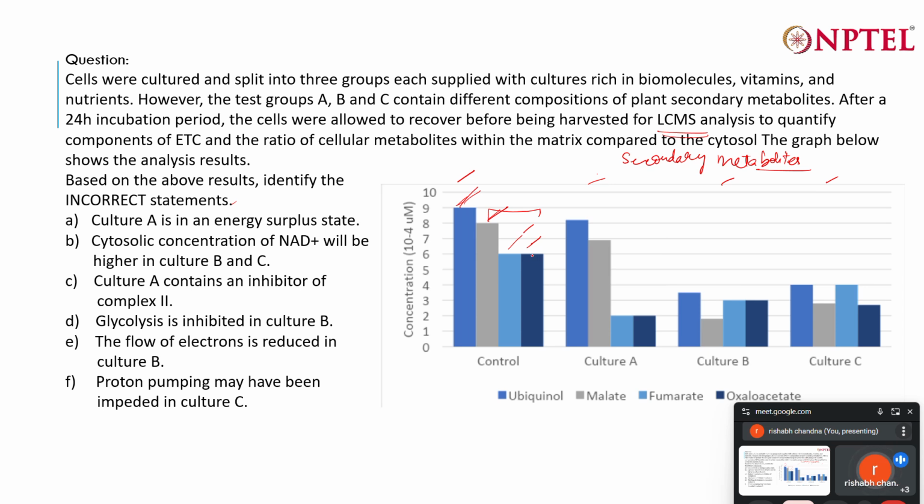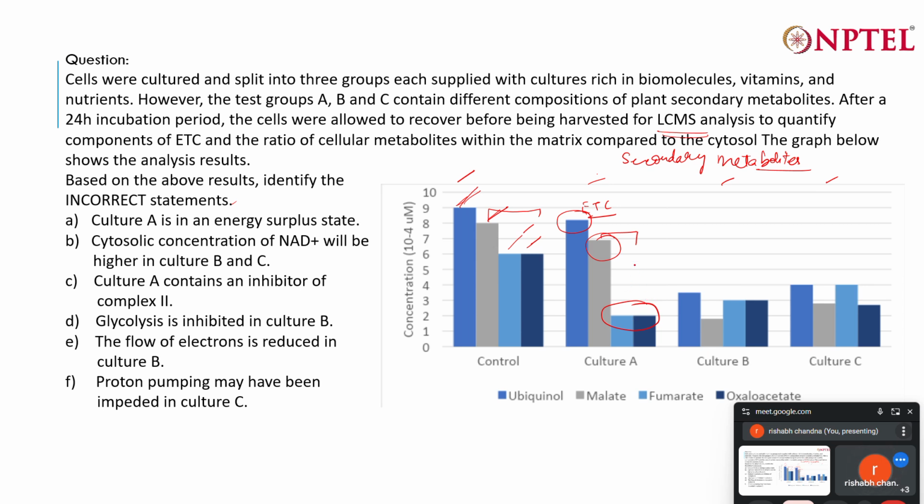So in culture A, ubiquinol is somewhat decreased, but it is actually high. That means ETC is functioning fine in culture A. But the Krebs cycle and glycolysis might have an effect on the other metabolites. Although malate is fine, the other two, fumarate and oxaloacetate, have decreased drastically.